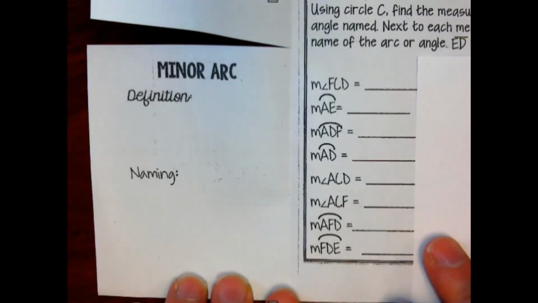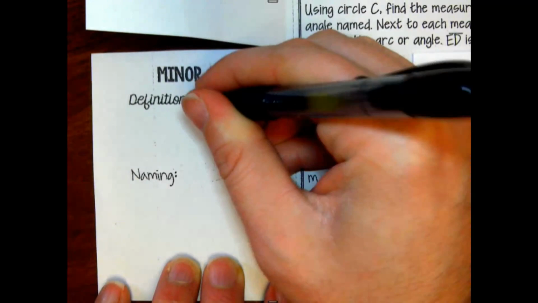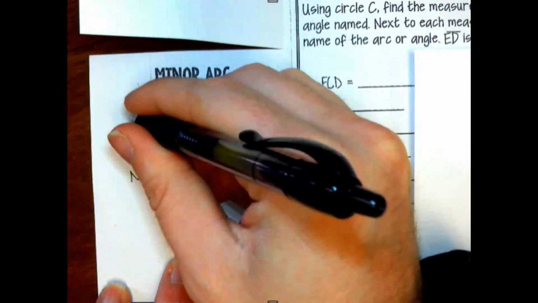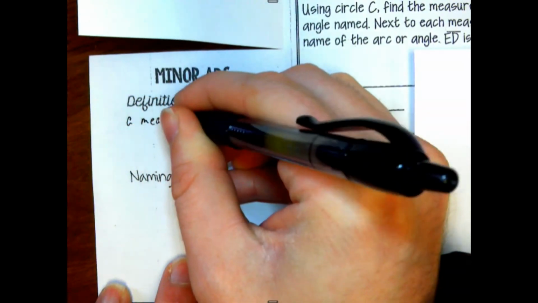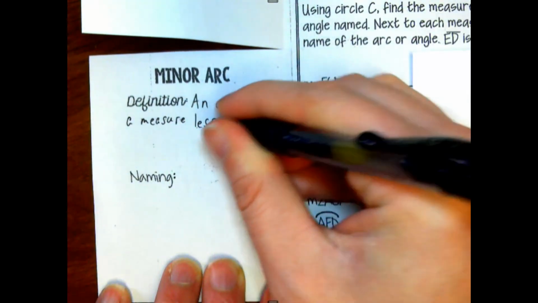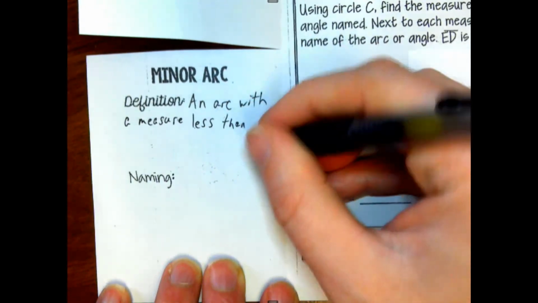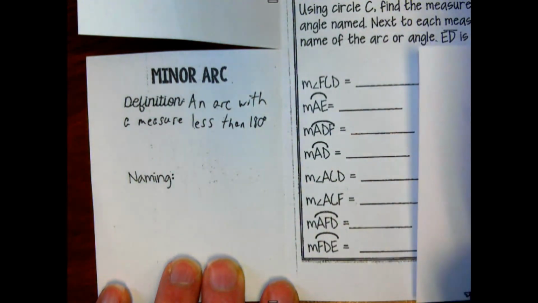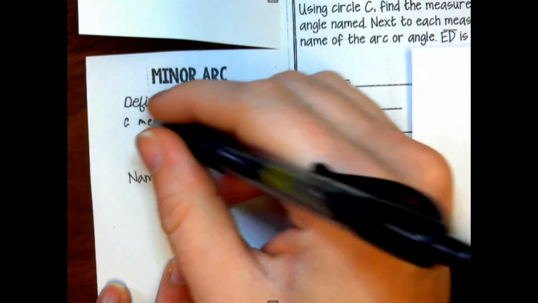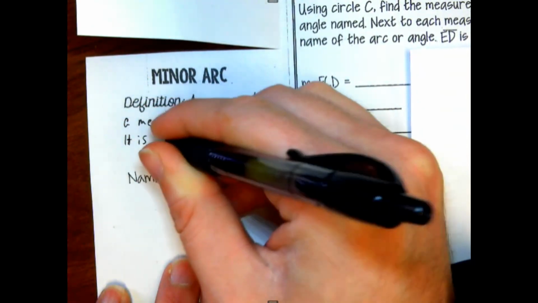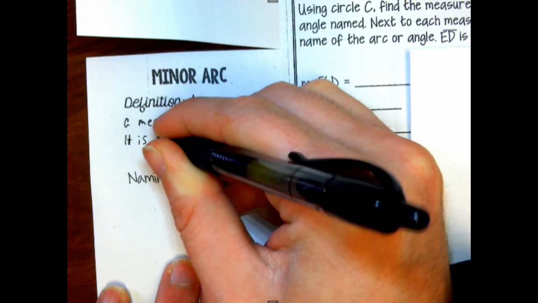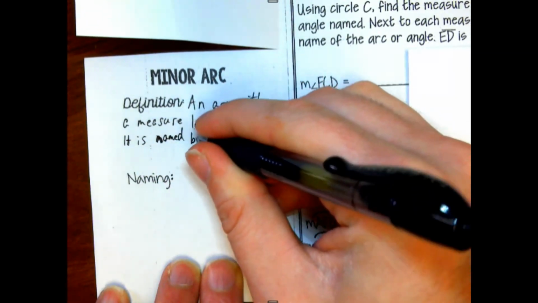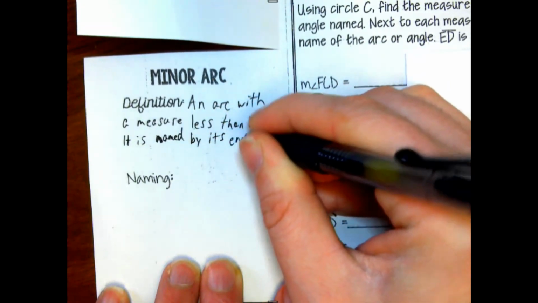Next, a minor arc. A minor arc is an arc with a measure less than 180 degrees. In other words, any arc that takes up less than half of the circle. It is named by its endpoints.